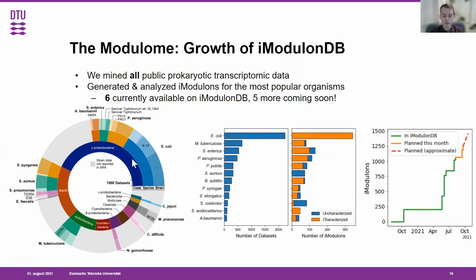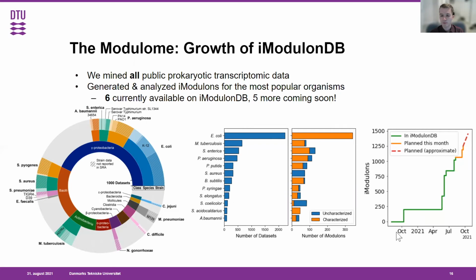We looked at the entire set, everything that was published on the SRA database, and ultimately downloaded, quality controlled, and analyzed them for all of the most popular organisms, which are listed here. This covers model organisms, pathogens, intracellular pathogens, even archaea.